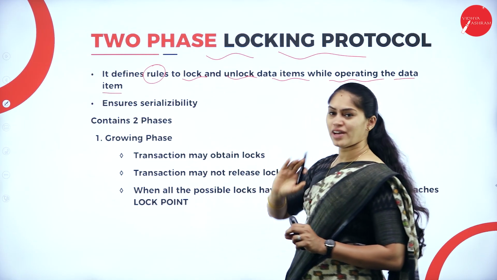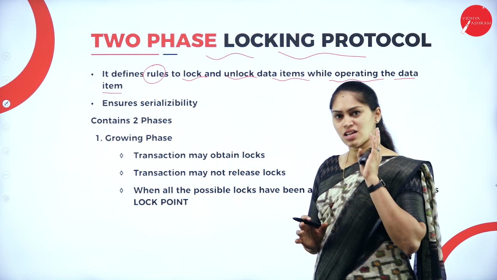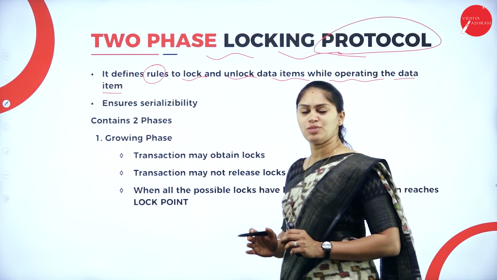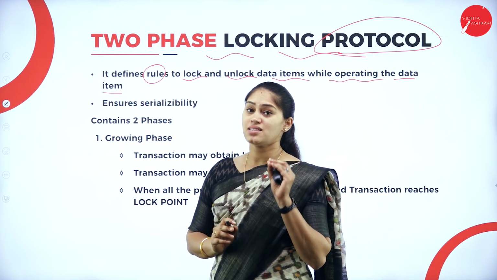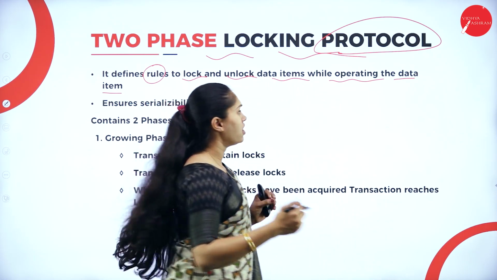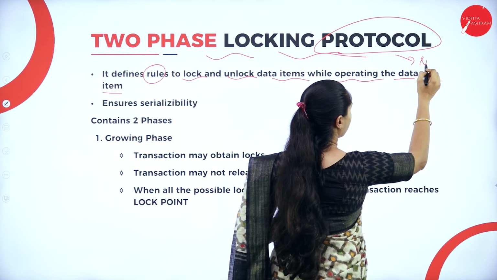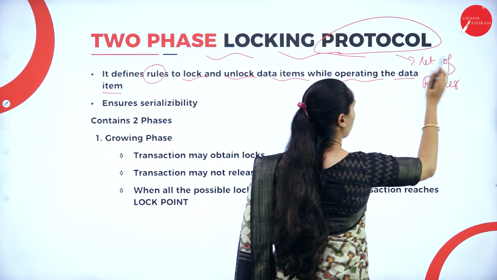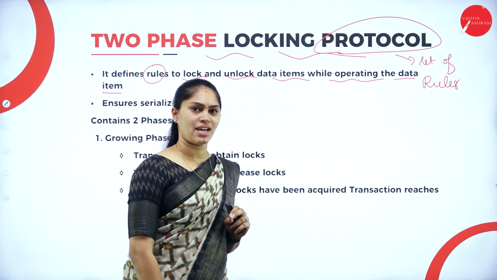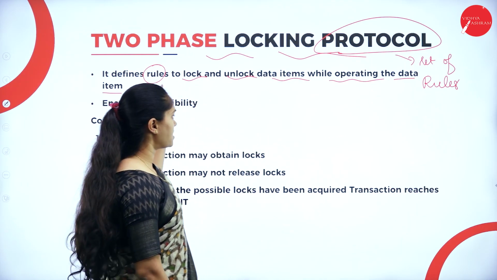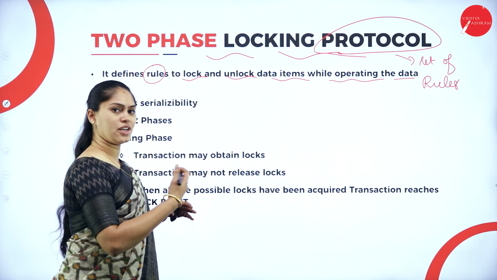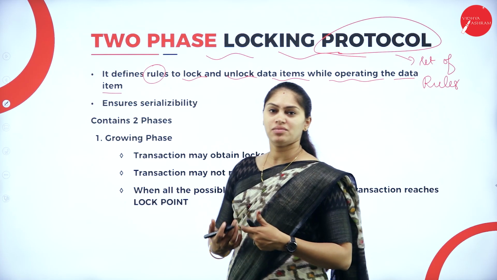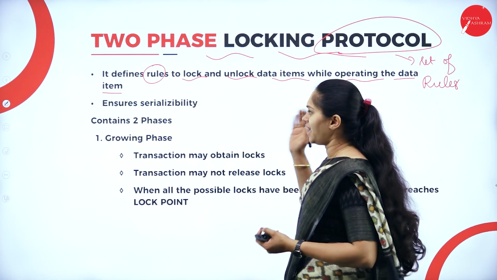When it comes to a protocol, you always need to understand that it specifies some standards and a set of rules and regulations. You need to follow this set of rules in order to lock or unlock a content in a database. So it always specifies the rules for both locking and unlocking of a data item whenever we are operating on the data of an item.